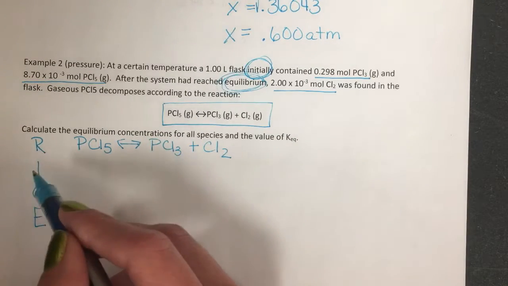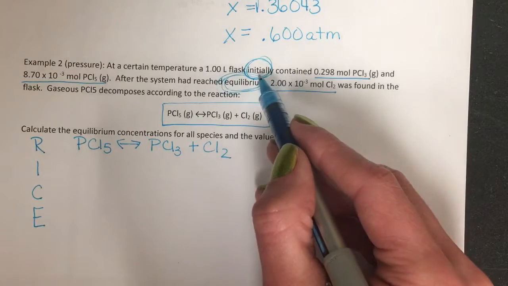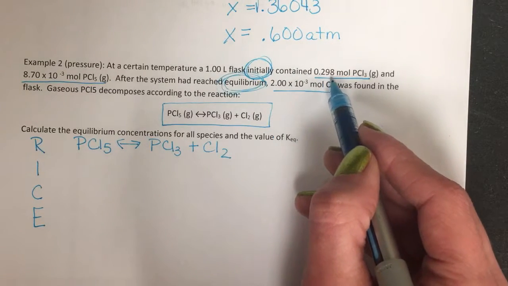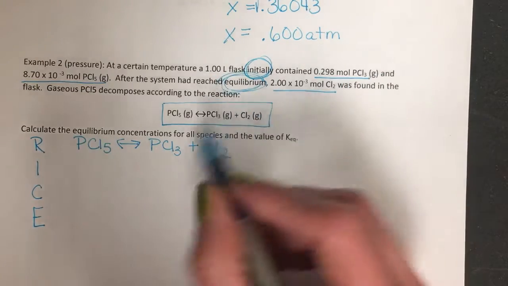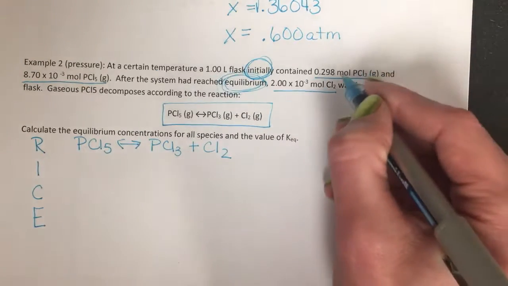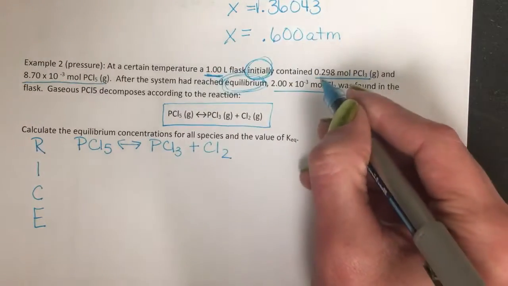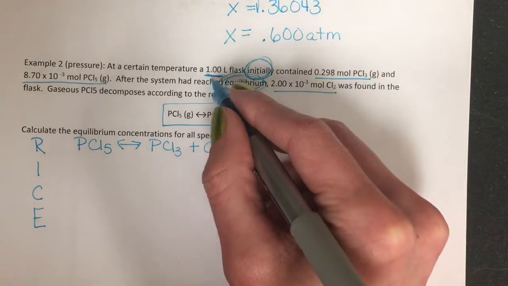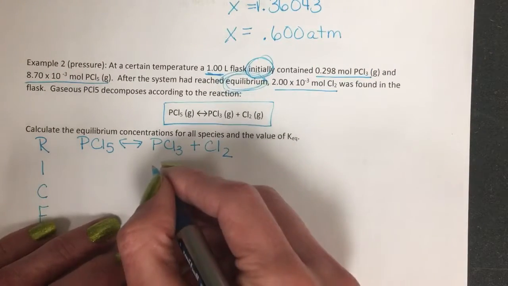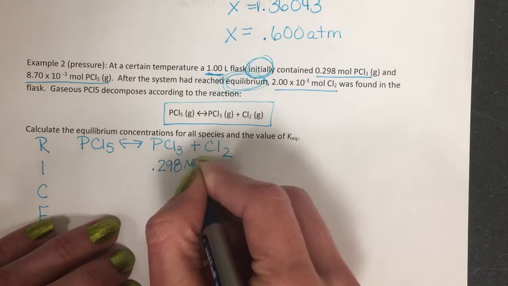The I stands for initial. So initially, I've got 0.298 moles of PCl3. Now I want the concentration. I know that this is moles per 1 liter. So 0.298 divided by 1 is 0.298. So I've got 0.298 molar.